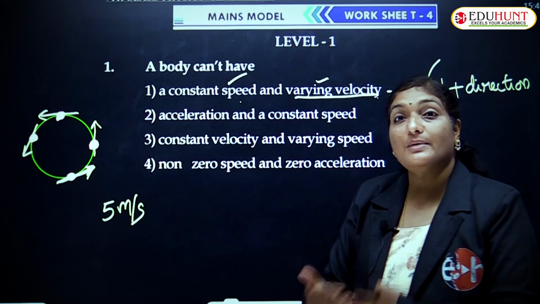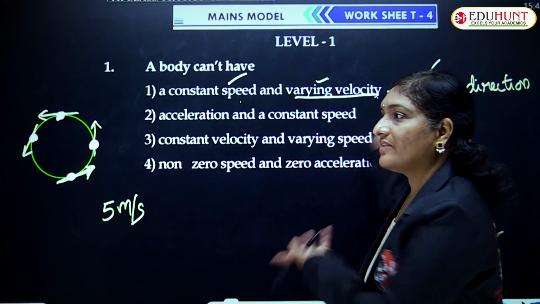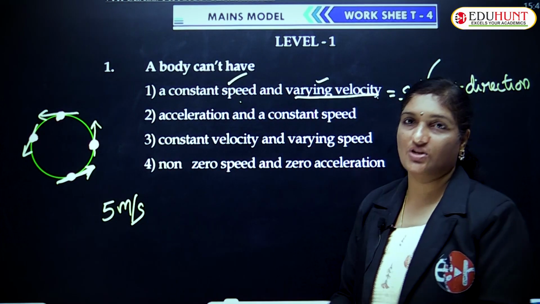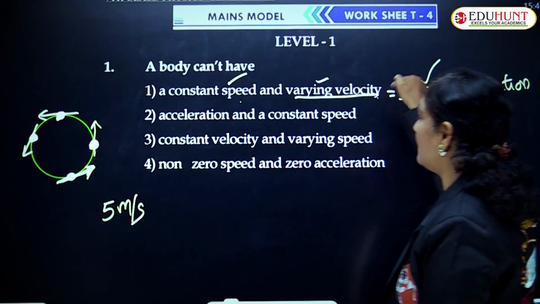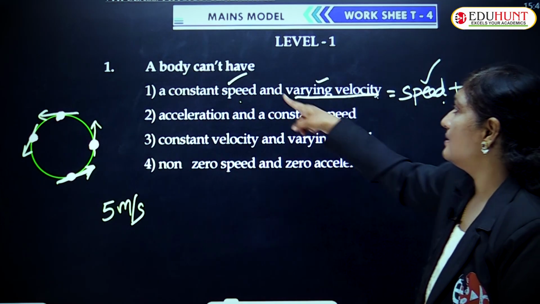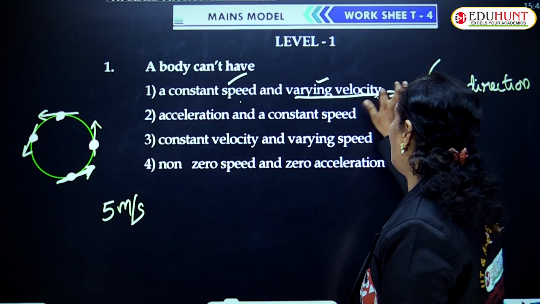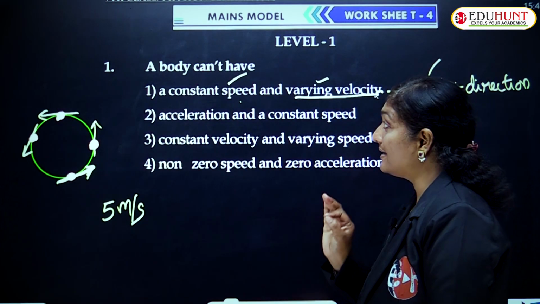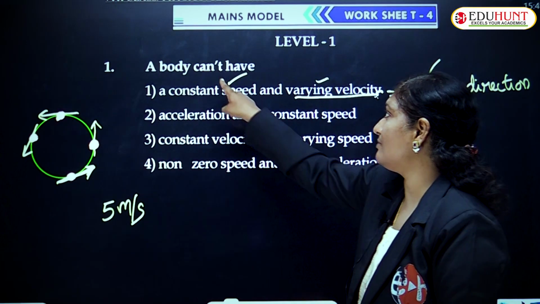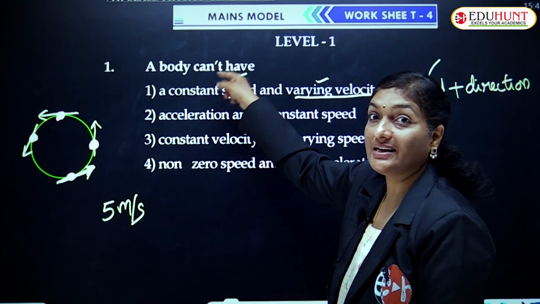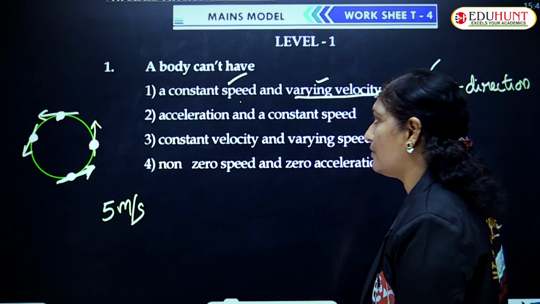Varying velocity is nothing but changing velocity, because if direction changes, velocity changes. So it can have a constant speed and varying velocity. Hence, this statement is not possible. A body can have a constant speed and varying velocity. But what was given was can't. Hence, the statement is false.